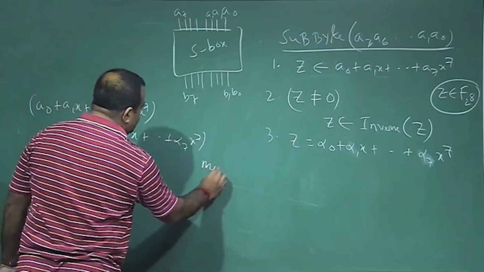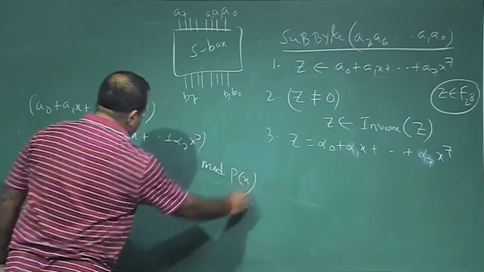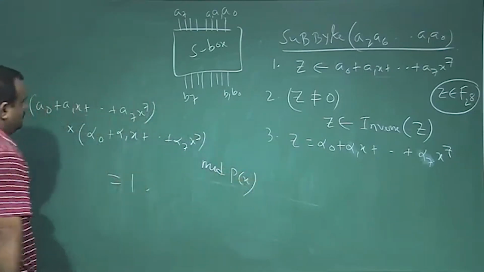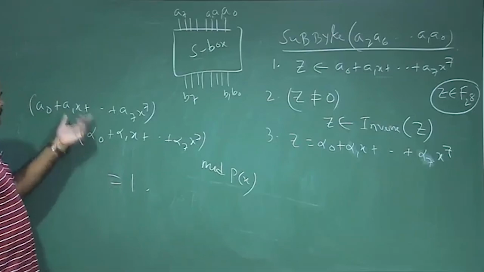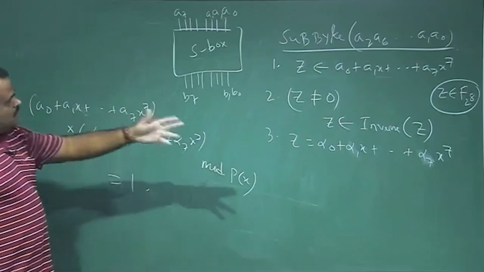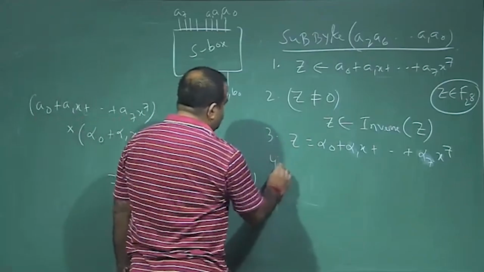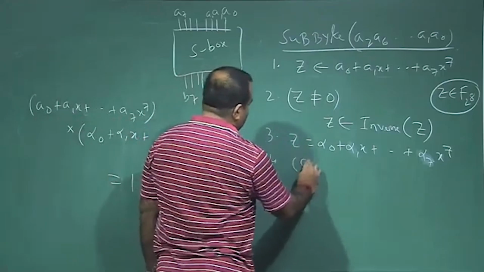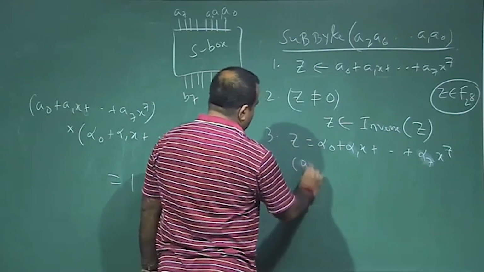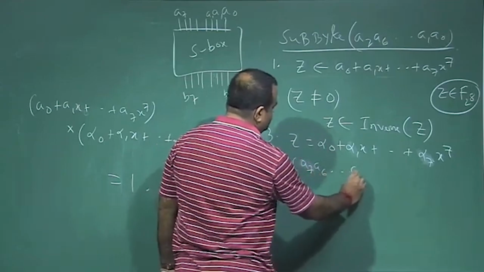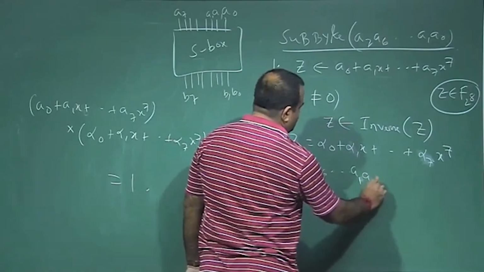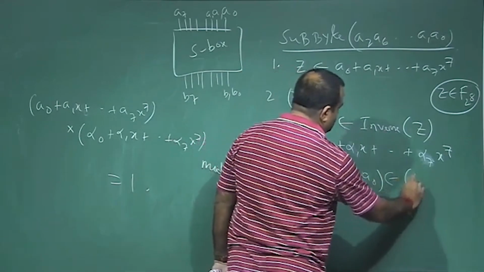This mod that irreducible polynomial should give us 1. Then this is the inverse of this, and vice versa. Provided Z is not 0, it has an inverse. So, this is the inverse. Now we store this alpha value here in A: A7, A6, ..., A1, A0.